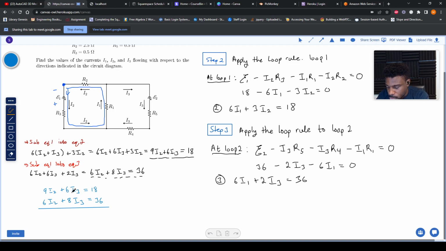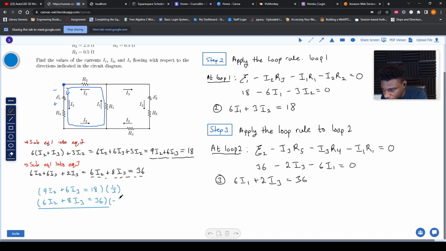Right, so I'll multiply the first one by 1/3, and the second one by negative 1/2.